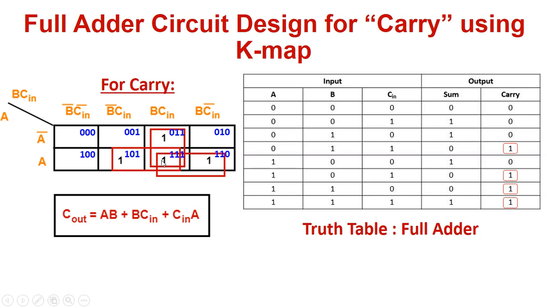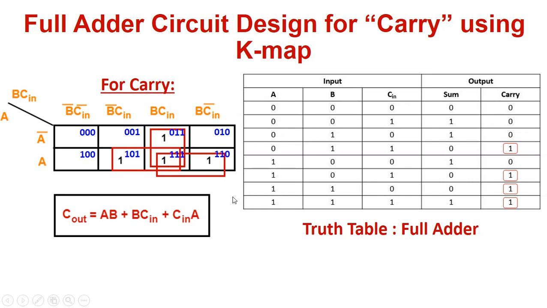Now in the K map, we need to identify first of all the largest group. In this 2 by 4 K map, the largest possible group can be of size 8, an octet. However, we don't have the octet in this case. Next we try to identify a quad, however we cannot identify a quad in this case. So the next one is a pair.